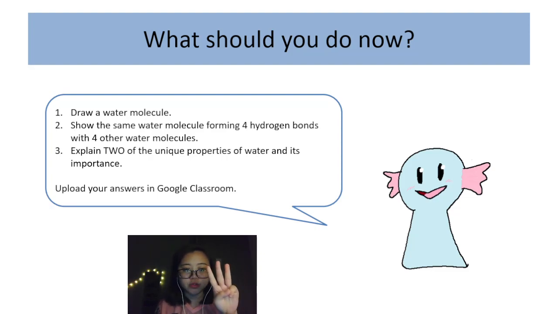And instruction number 3, you should go through your notes. Now you answer me in a paragraph, okay? Tulis dalam satu perenggan. Explain 2 of the unique properties of water and its importance. Daripada 6 itu, baca, pilih 2, explain sama saya, dan nyatakan kepentingan.